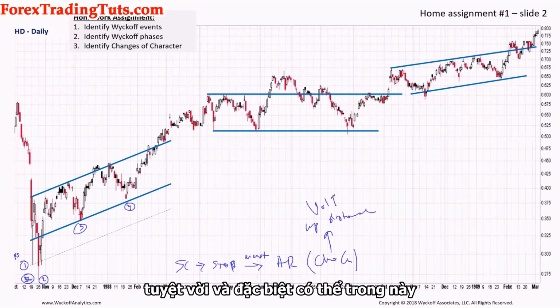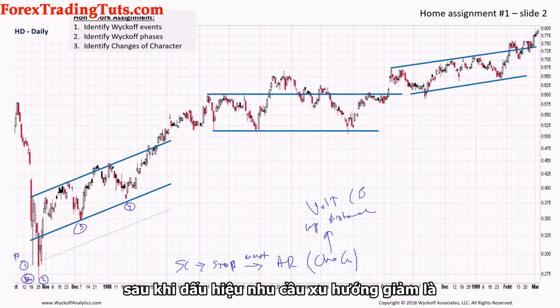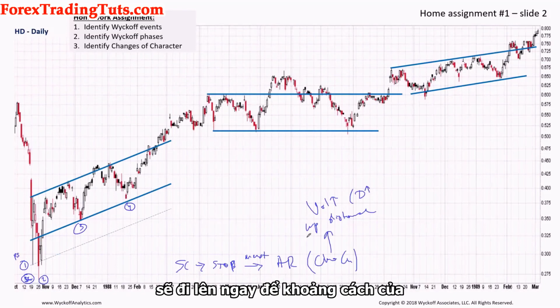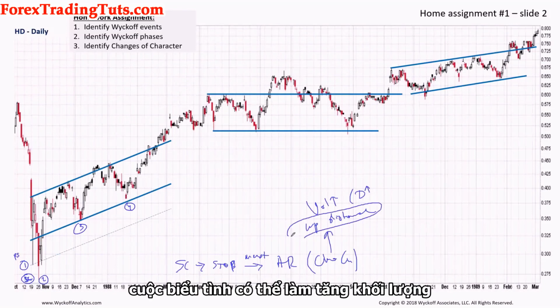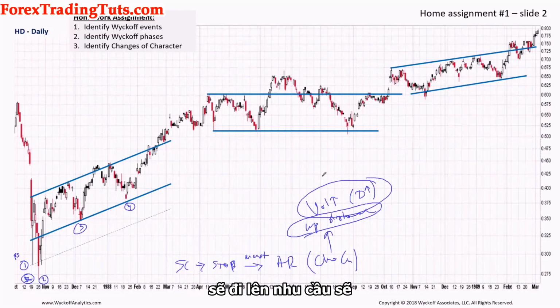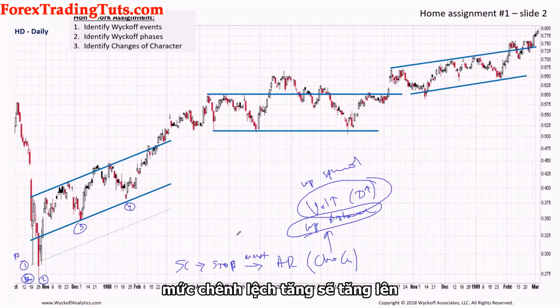Okay, great. And specifically, maybe in this case, because this is an accumulation after the downtrend, demand signature is going to go up, right? So the distance of the rally could increase, the volume would go up, the demand is going to increase, the up spread is going to increase, right?